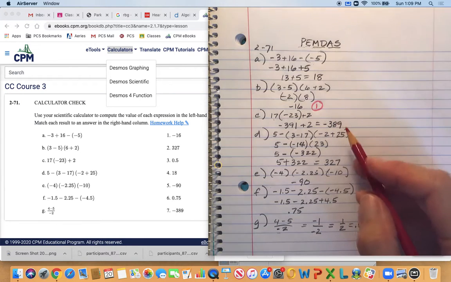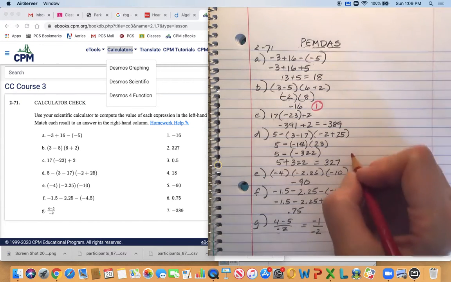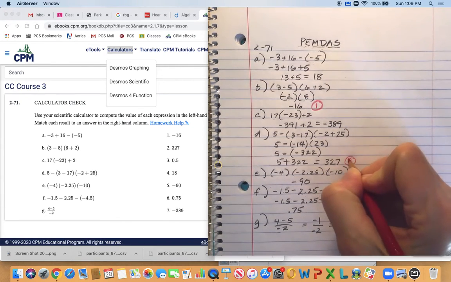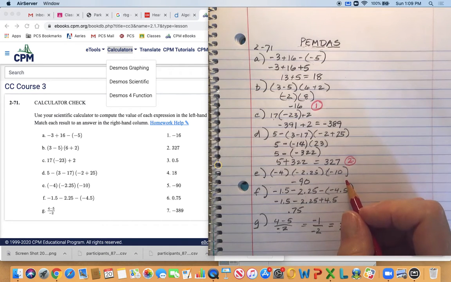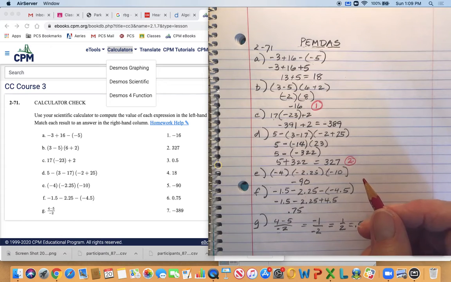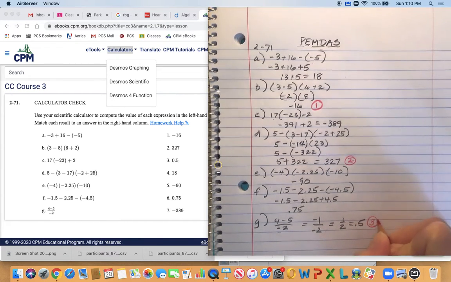And 2 is 327, which looks like it matches up with D. And then 3 is 0.5, and that looks like it matches up with G. So we'll make that 3.